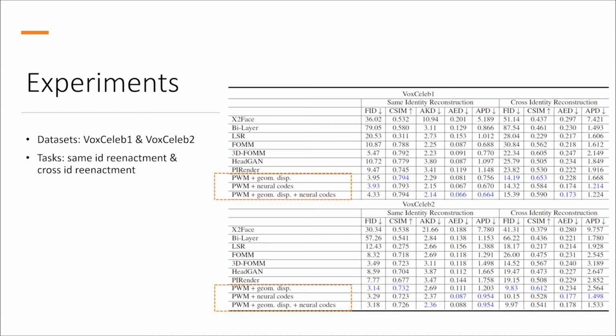One interesting thing we found is that geometric displacements tend to achieve better image realism, while posed neural codes tend to achieve better motion accuracy.